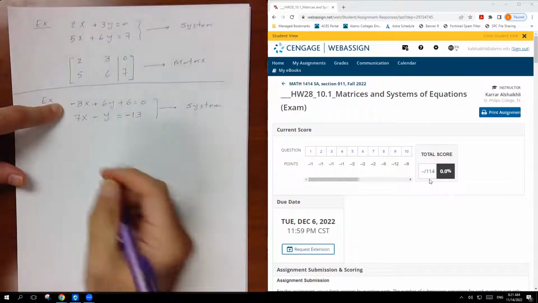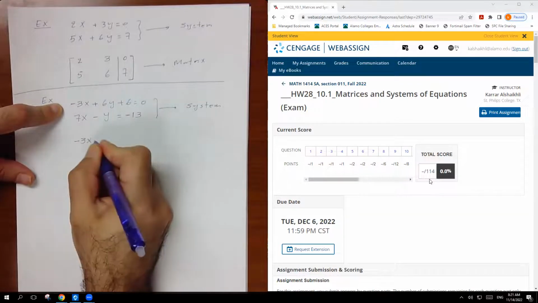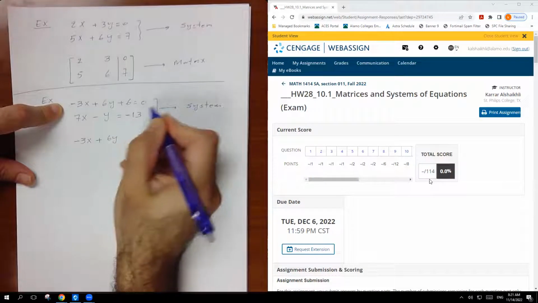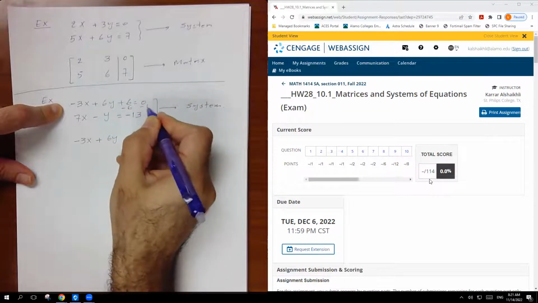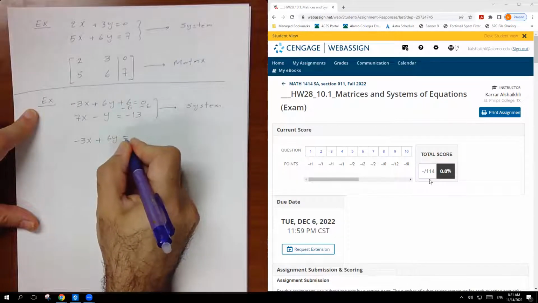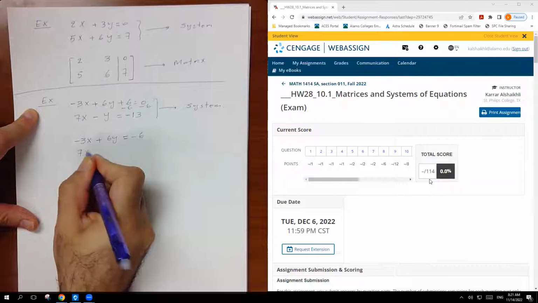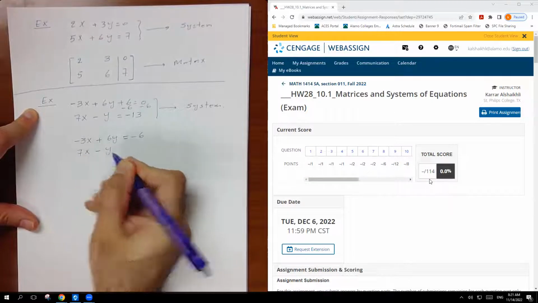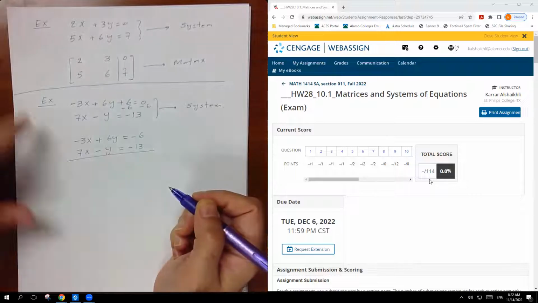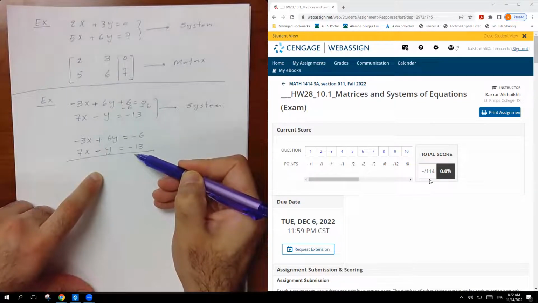For the first equation, negative 3x plus 6y, I'm going to move the 6 to the other side by subtracting 6 from both sides, so it equals negative 6. The second one is 7x minus y equals negative 13. Now you see the system with x, y, and the number by itself on the other side.